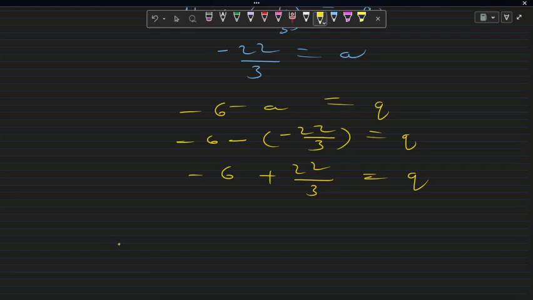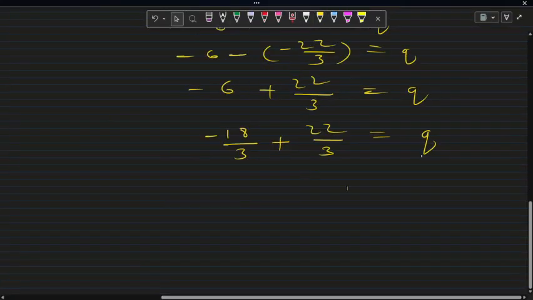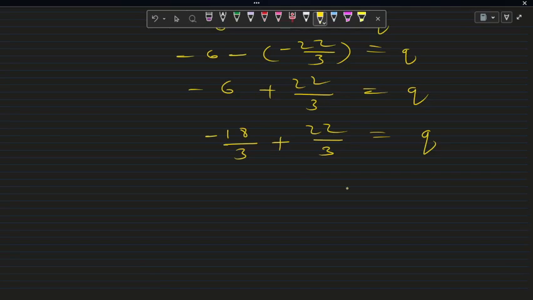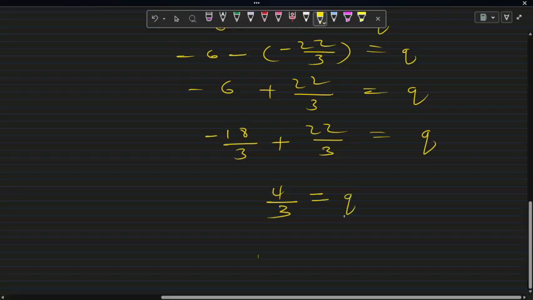Now, if I work this out manually, 6 times 3, that will give us 18. So -6 can be written as -18 divided by 3, plus 22 divided by 3 is equal to q. And then -18 plus positive 22, that will give us positive 4. Okay, so we'll end up with 4 over 3 is equal to q.